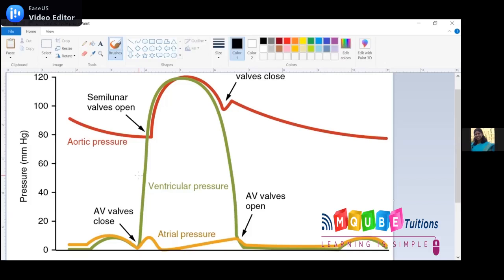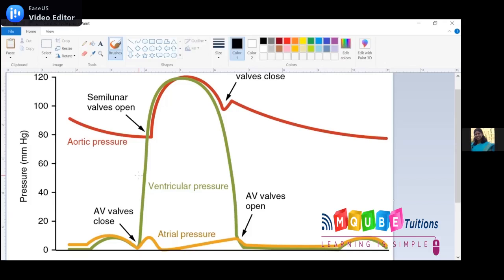So what happens during one cardiac cycle is, here you can see the yellow and the green lines are almost the same, because that is the stage where the heart is relaxing. If it is relaxing, it is diastole.